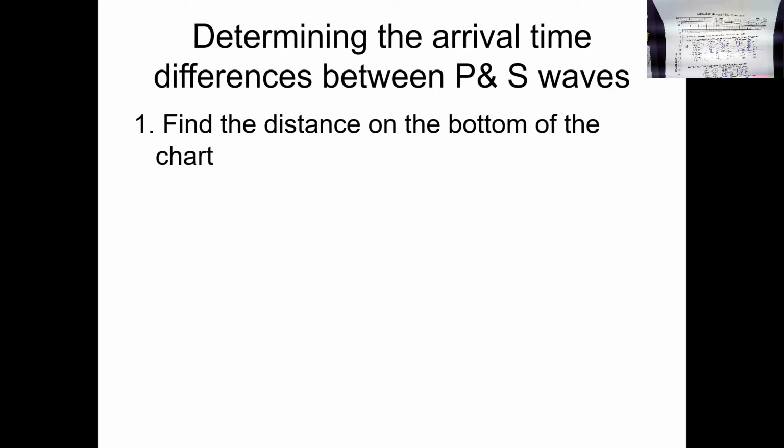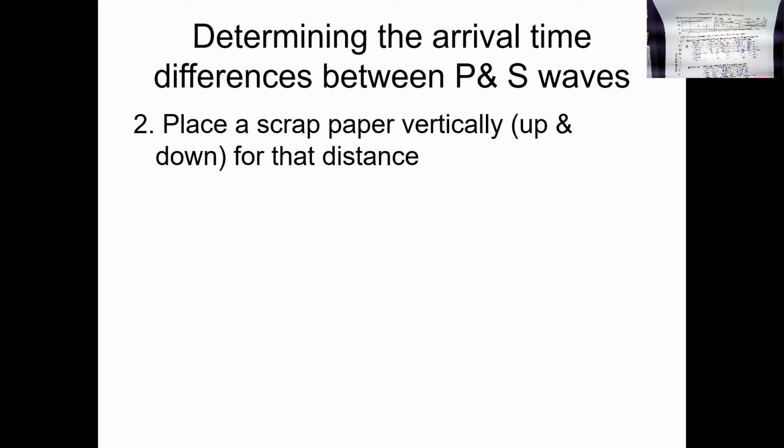Step 2. Place your scrap paper vertically, which means up and down. You don't have to write the up and down part if you're confident you know what vertical means. So place the scrap paper vertically for that distance.